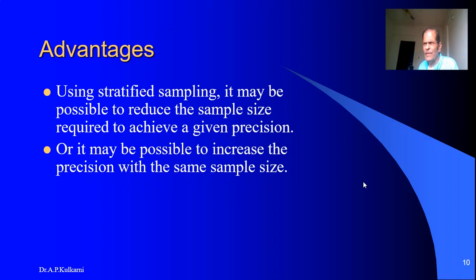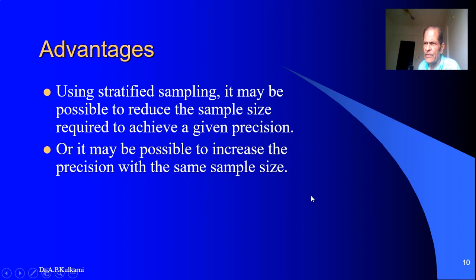The advantages of stratified sampling are that using stratified sampling, it may be possible to reduce the sample size requirement to achieve the given precision. So for a given precision, we will require comparatively less sample size for stratified sampling.